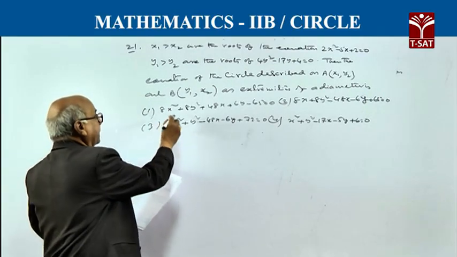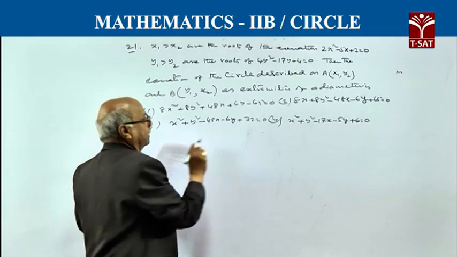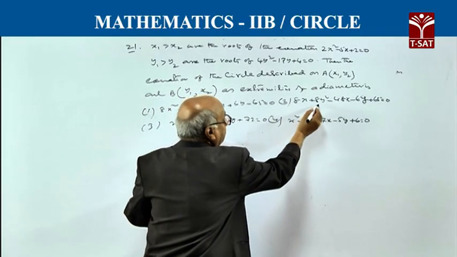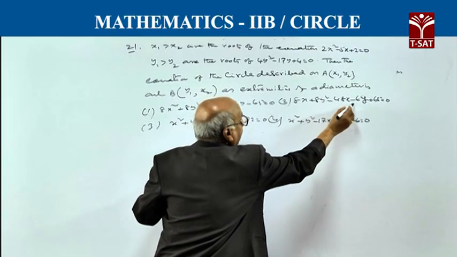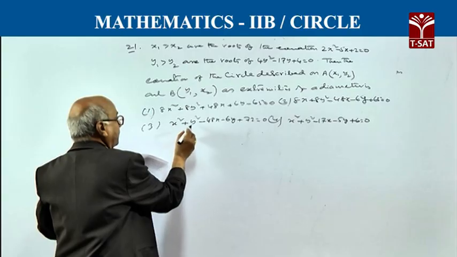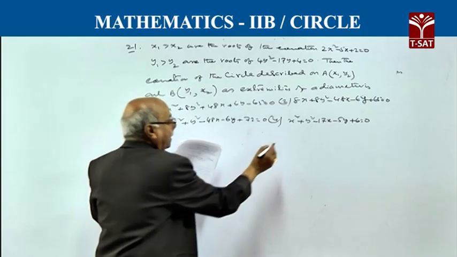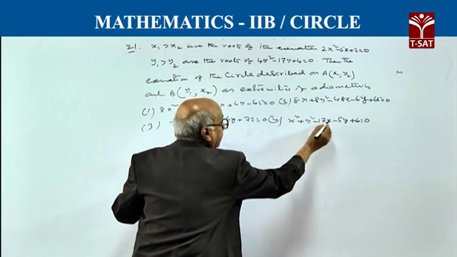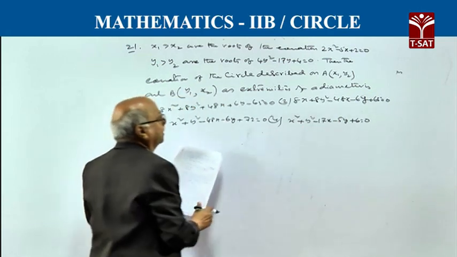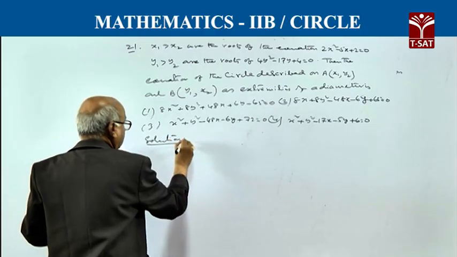Options are 8x square plus 8y square plus 48x plus 6y minus 65 equal to 0, and 8x square plus 8y square minus 48x minus 6y plus 65 equal to 0, x square plus y square minus 48x minus 6y plus 72 equal to 0, and x square plus y square minus 17x minus 5y plus 6 equal to 0. We find the roots of both equations.